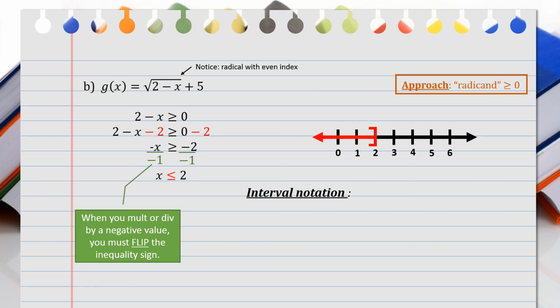The furthest left we see is an arrow, which indicates negative infinity, where we always use a parenthesis, and we shade to the right until we reach the value of 2, where we have a bracket, because 2 is included as part of the domain. Now for the set notation, that would be the set of all x values such that x is less than or equal to 2.